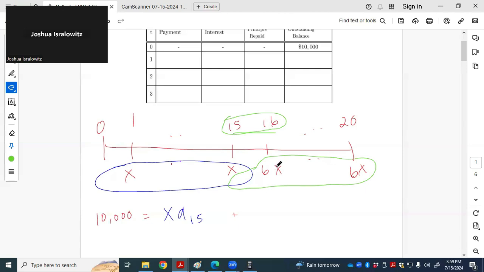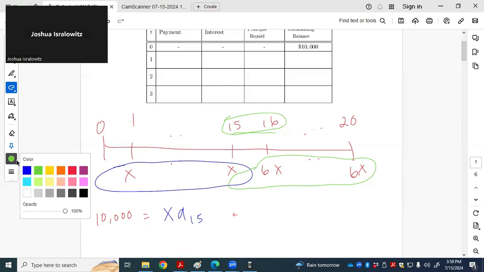So it'd be 6X a double dot 5 at 7%, and then you would discount it by 16 years. But if we do it as an annuity immediate, it's discounted by 15 years. And there's no reason not to, I would say.